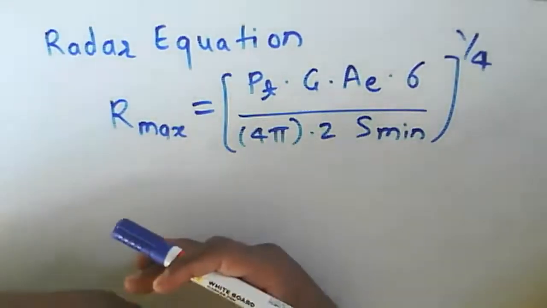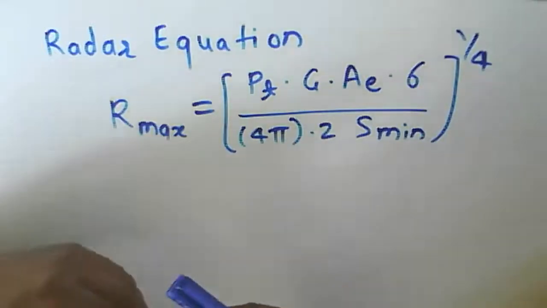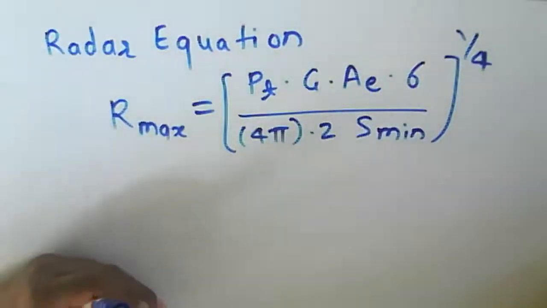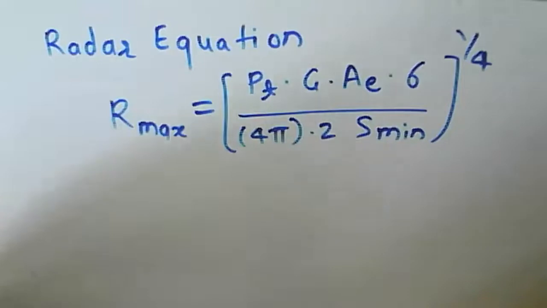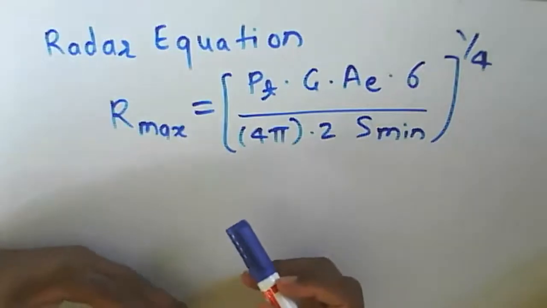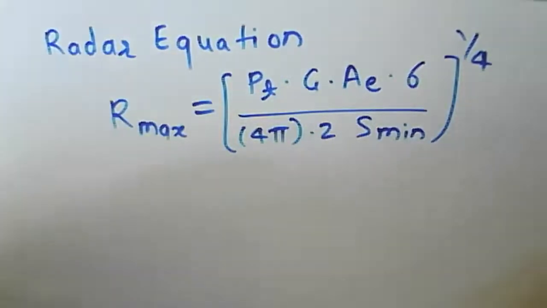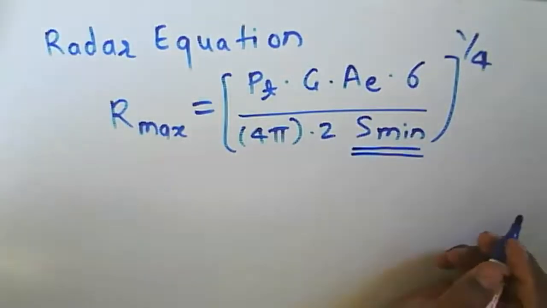Whichever signal is received by the receiver has a particular threshold value. Above that threshold value, the signal is detected and considered acceptable. If the signal is below the threshold value, it belongs to the noise. Then we will talk about the signal to noise ratio.